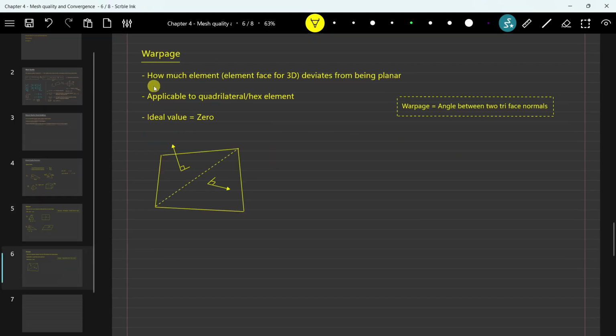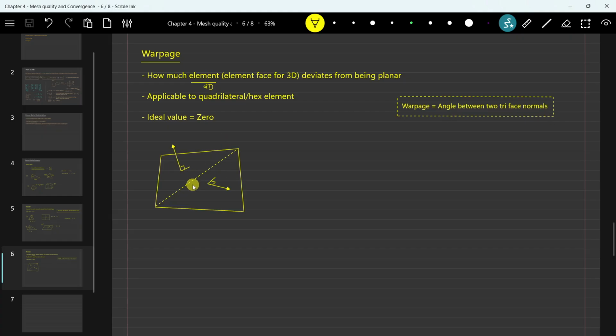Warpage measures how much an element, in case of 2D, and in case of 3D an element face, deviates from being planar. This definition only applies to quadrilateral or hex elements. The warpage is the angle between two tria face normals.